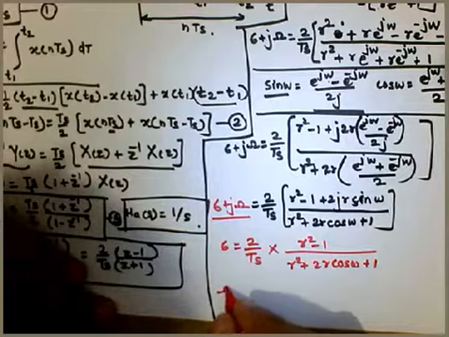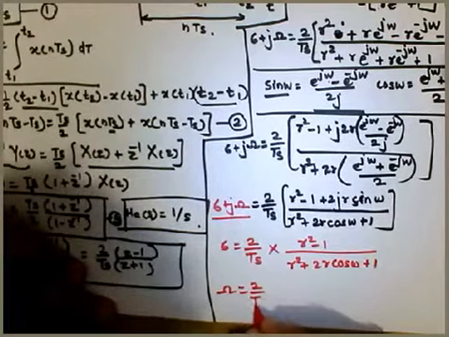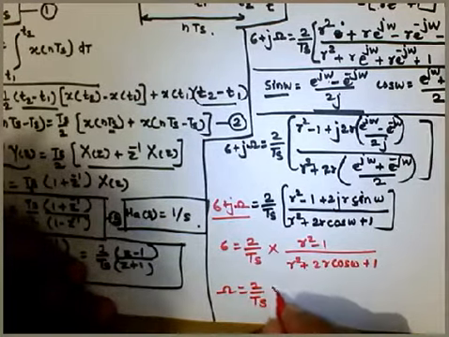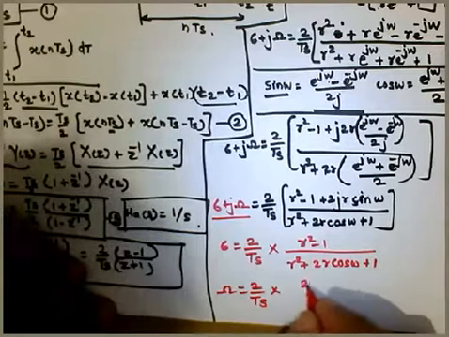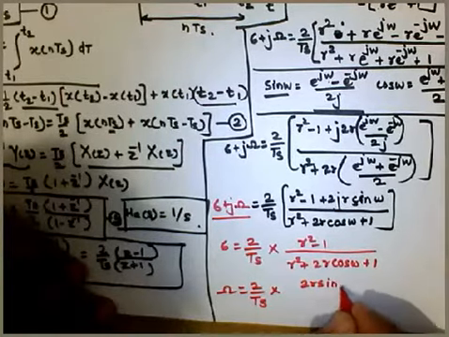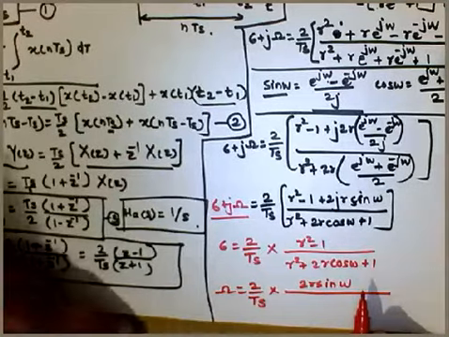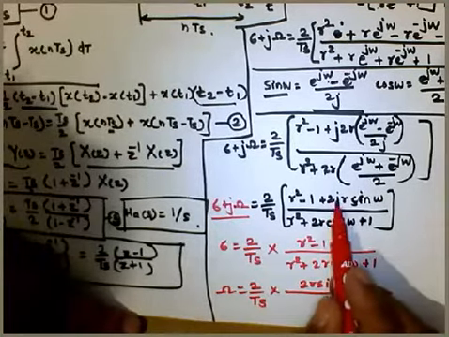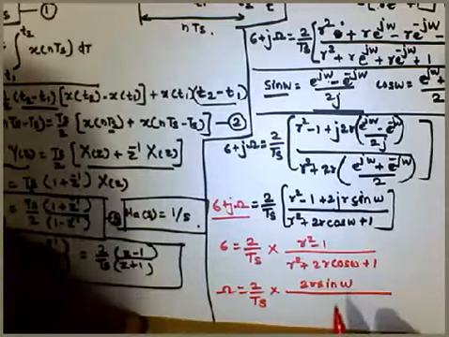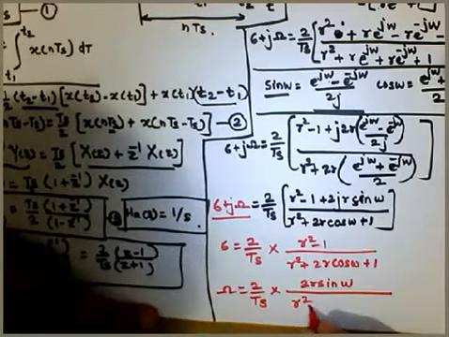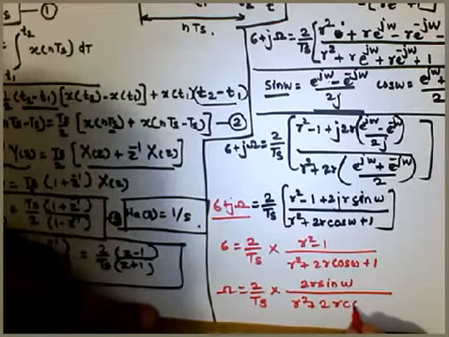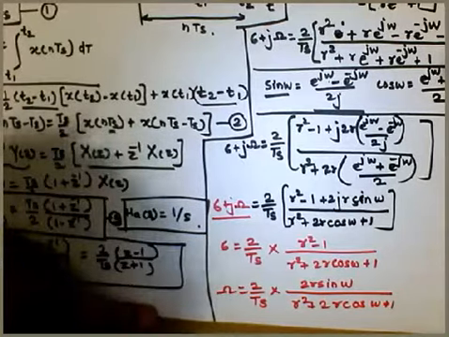Similarly, omega will be 2 by Ts into 2R sin omega, remembering that we are writing the complex j term for omega, divided by R square plus 2R cos omega plus 1.